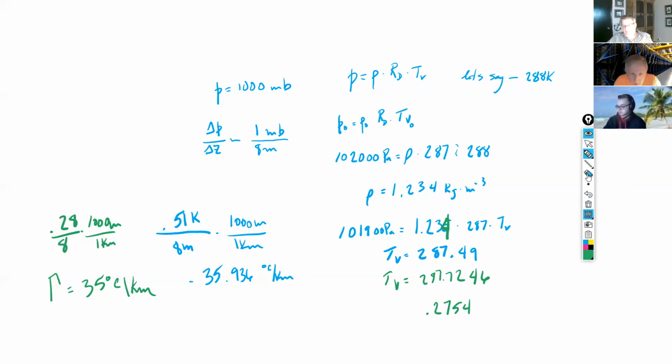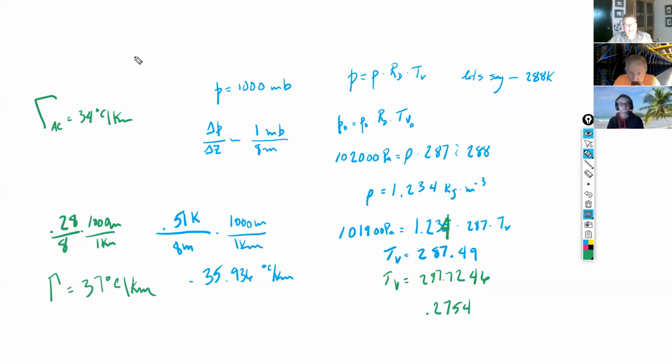Okay, hold on. 37.2155. Oh, it's going the wrong way. Because what we have defined as the autoconvective lapse rate is 34 degrees Celsius per kilometer.